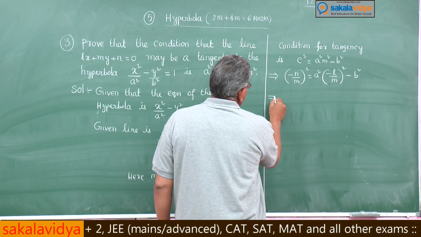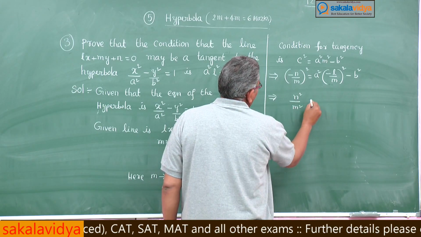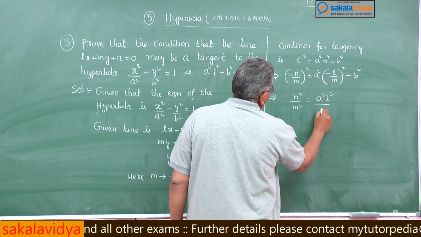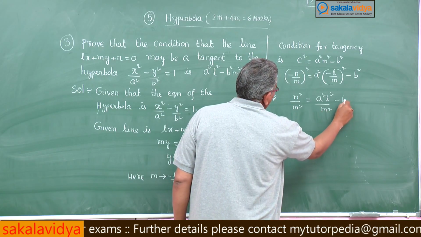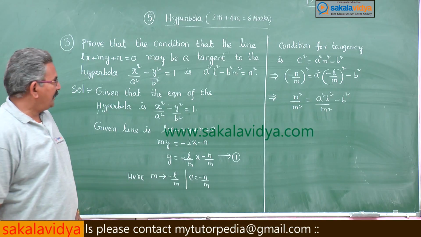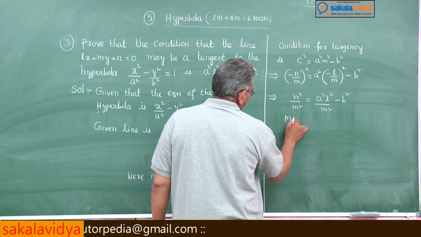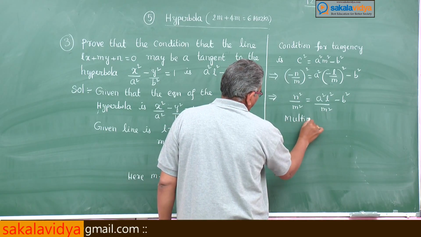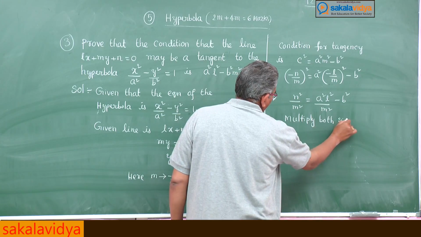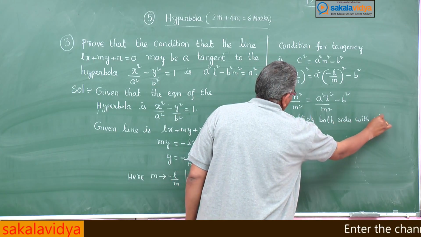So, this is n square by m square, this will be a square L square by m square minus b square. Multiply both sides with m square.